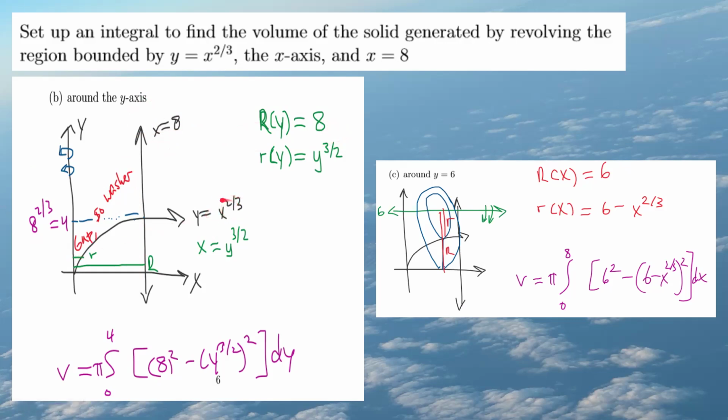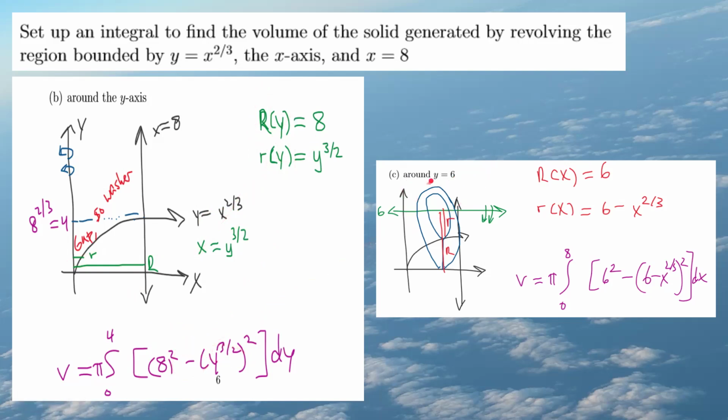So y equals x to the 2/3, but whenever you do something like r of y, you have to change it to x equals something. So we switch, get x by itself, and it ends up being that. That's something important: whenever you're working in the y direction, you have to make it x equals something, because now we're dealing with the horizontal distance. So we plug it in here, and it's the same thing.